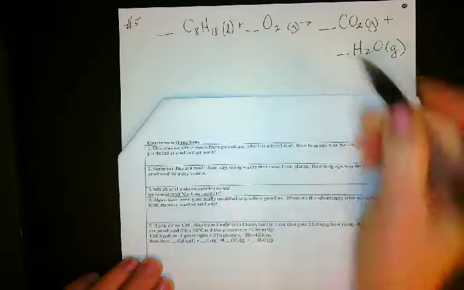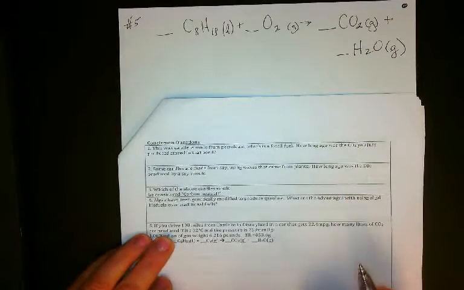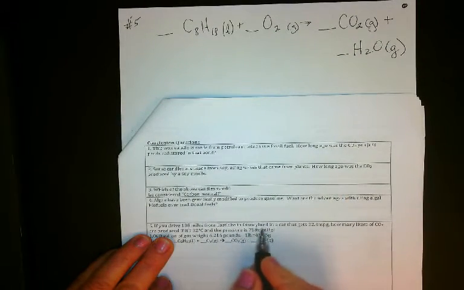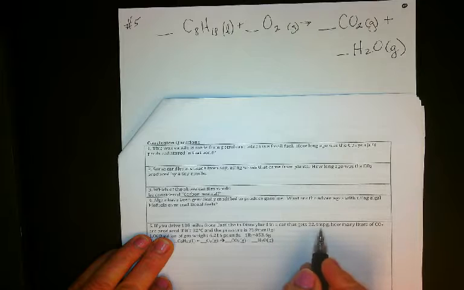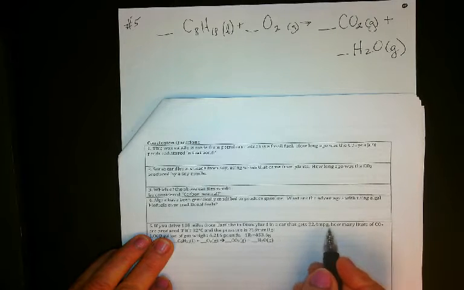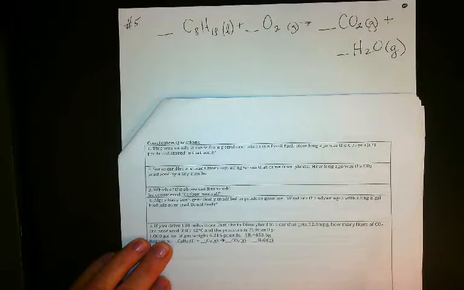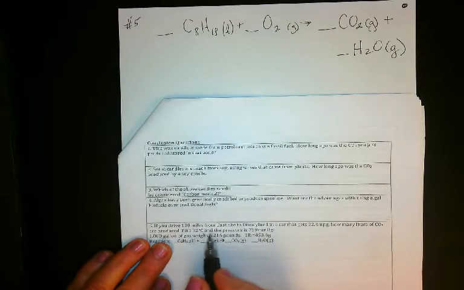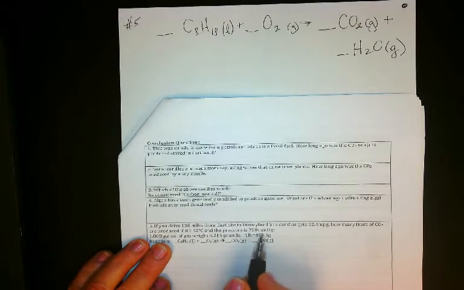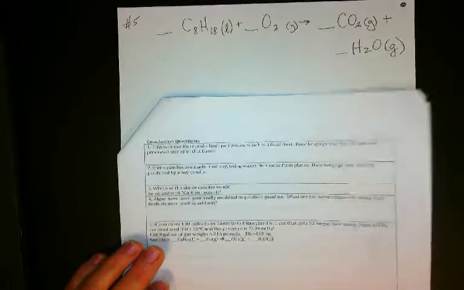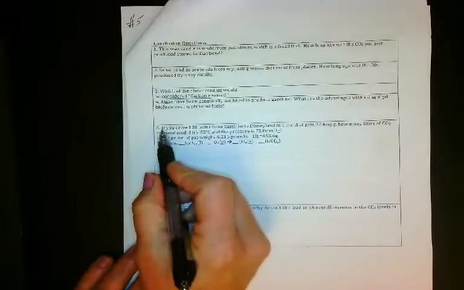Okay, so if you drive 108 miles from East Lake to Disneyland in a car that gets you 22.4 miles per gallon, how many liters of CO2 are produced if it's 32 degrees and the pressure is 759 millimeters of mercury? So first, I would identify what each of these things are.